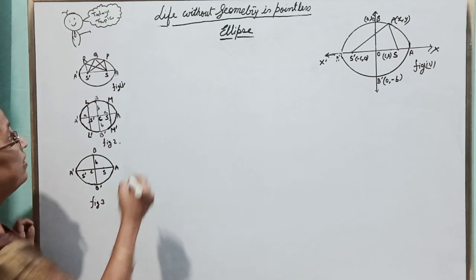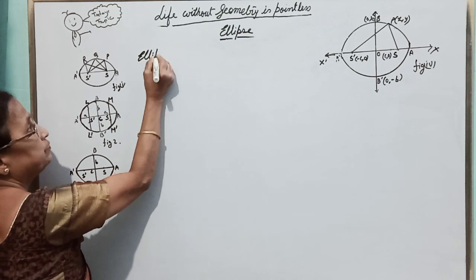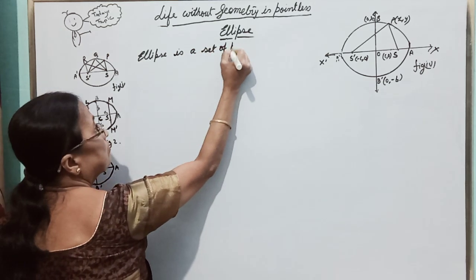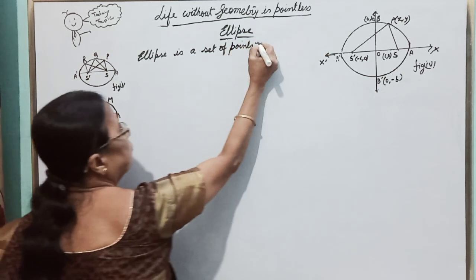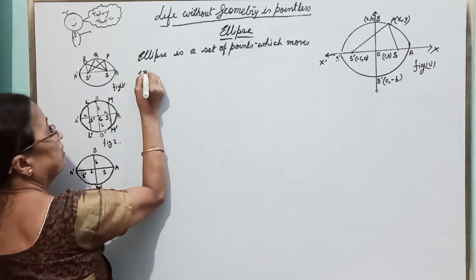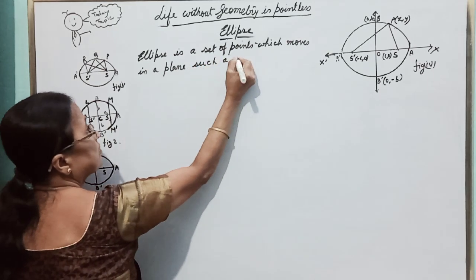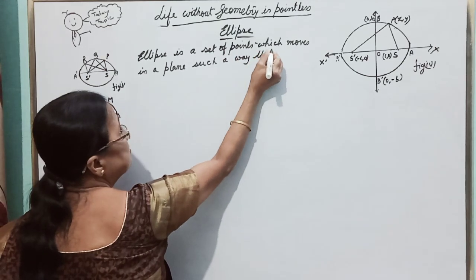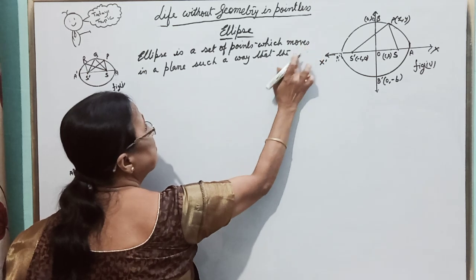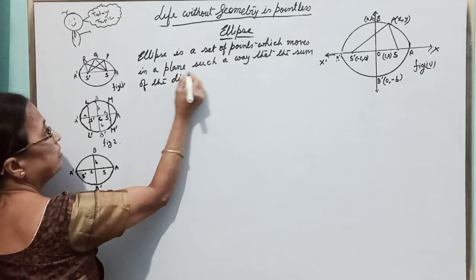Now, what is an ellipse? Let us study the ellipse from the beginning. An ellipse is a set of points which moves in a plane in such a way that the sum of the distances from two fixed points remains always the same.